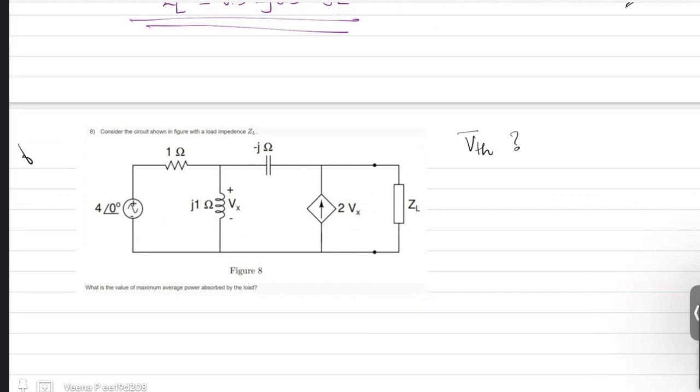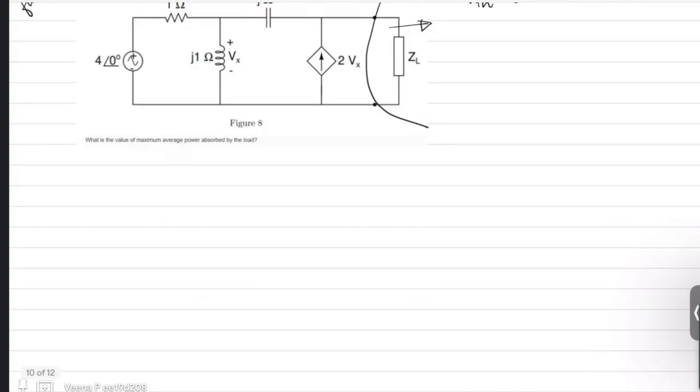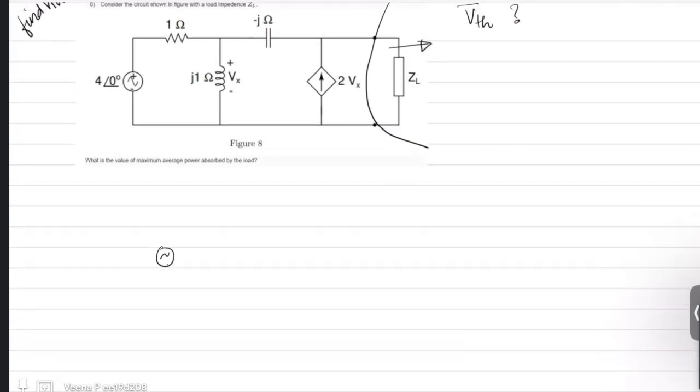So let us find V Thevenin of this circuit. To find V Thevenin, you have to first remove the load. Now after removing the load, what is the open circuit voltage across that terminal? That is your Thevenin voltage. So all the other parts of the circuit should remain intact because we are finding V Thevenin and not Z Thevenin.